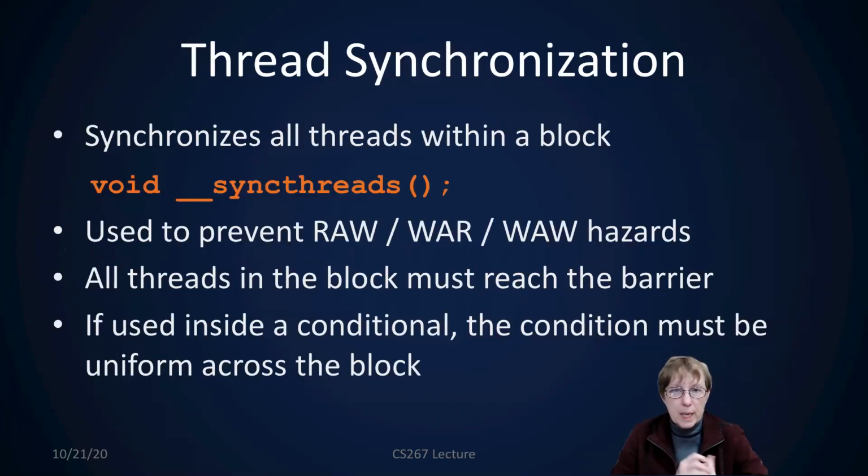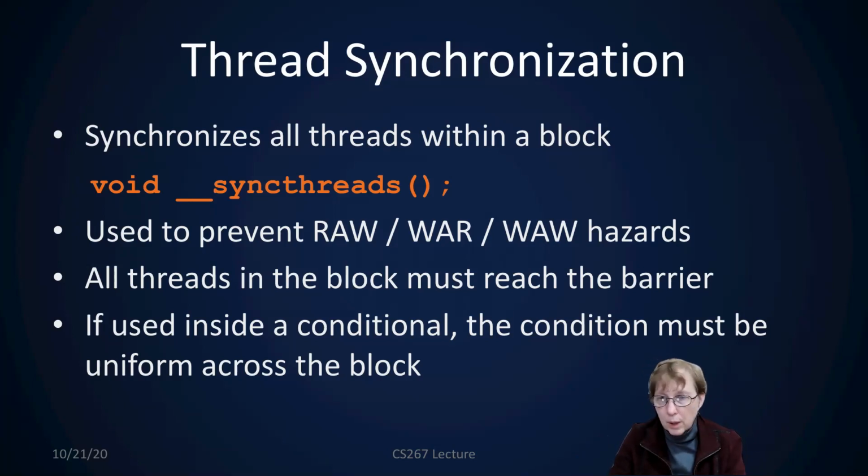What we're going to need to do is add some thread synchronization to this. The synchronization is like a barrier. It's going to synchronize all of the threads that are in the thread block, which is the only group of threads we care about because they're the only ones that can see the shared memory. They're all going to synchronize using this sync threads command that's built into CUDA.